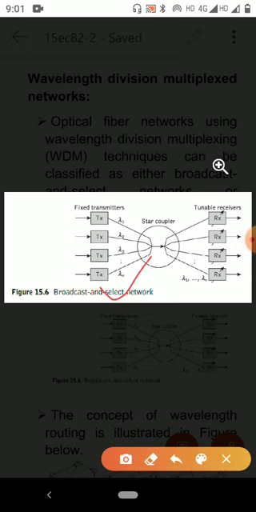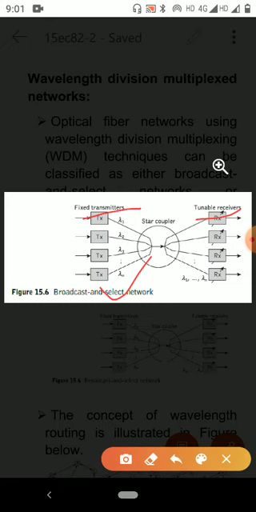The optical transmission is broadcast to all other nodes using fixed transmitters, and a tunable receiver at the destination node extracts the desired signal from the entire group of wavelength multiplexed transmitter signals, that is lambda 1, lambda 2, lambda 3, and so on up to lambda n.